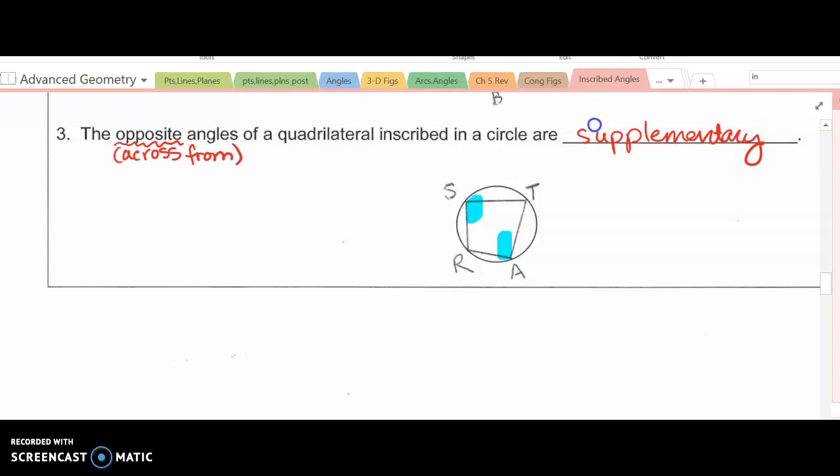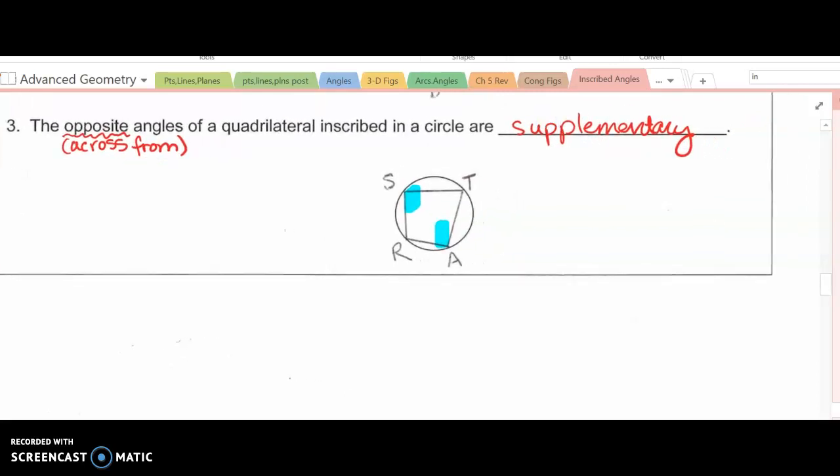We've seen something like this before. We've talked about how in a parallelogram, the angles across from each other were congruent. They were the same amount. So if this was 80, then this was 80. What we're saying in this situation is when you have a four-sided shape, it doesn't have to be a parallelogram, any quadrilateral, inside of a circle and all the vertices are on the rim of the circle, then if this is 80, then this has to be 100.